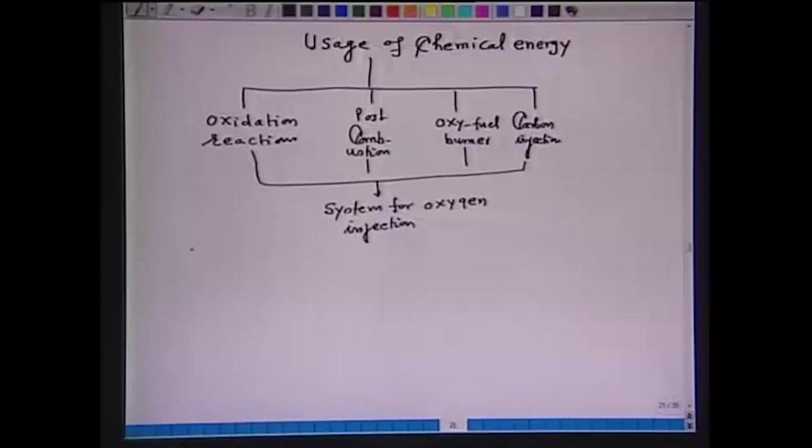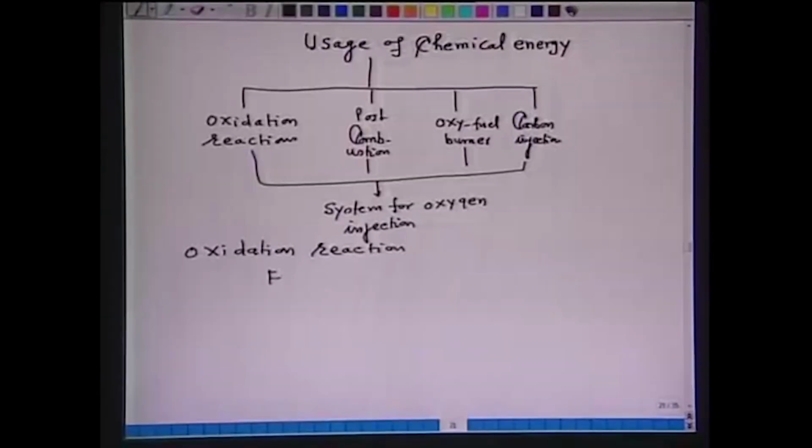Now, let us see what the requirements are. First, take the oxidation reactions. In oxidation reactions, for example, iron gets oxidized, and carbon, silicon and manganese get oxidized. Silicon and manganese are low in quantity; iron and carbon are there. So it is oxidation of iron and carbon, both exothermic reactions, and both provide energy to the bath.